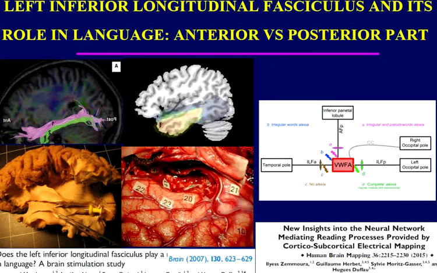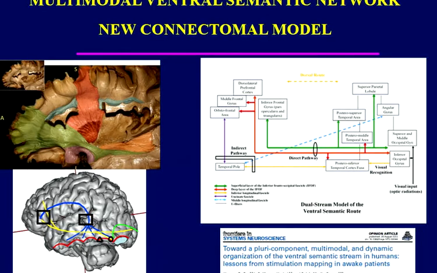I cannot describe everything today because I have no time, of course, but the goal is to tell you that we can specifically check the function of one subpathway. And it's so exciting because, in fact, we started to understand why it's possible for one subpathway, the inferior fronto-occipital fascicle, to compensate another subpathway, for instance, the anterior part of the ILF and the uncinate.